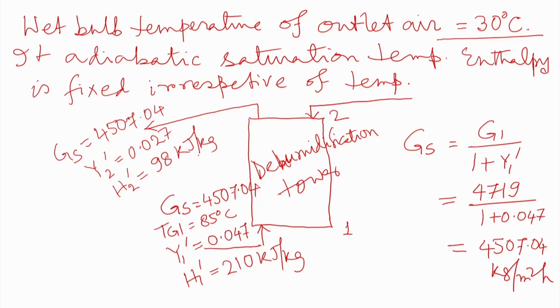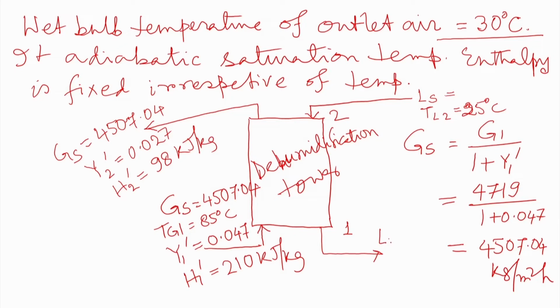And here, the cold water is entering, and we need to find out the liquid flow rate. We know that TL2 is already given as 25 degree Celsius, and the hot water will be coming out.